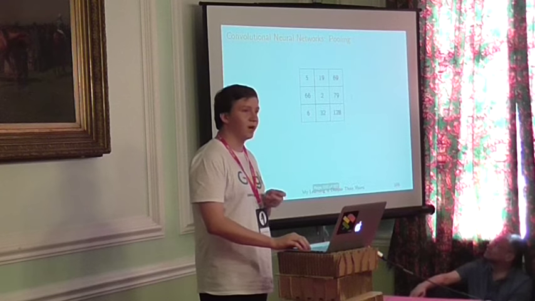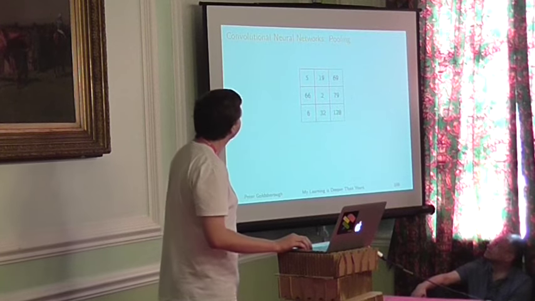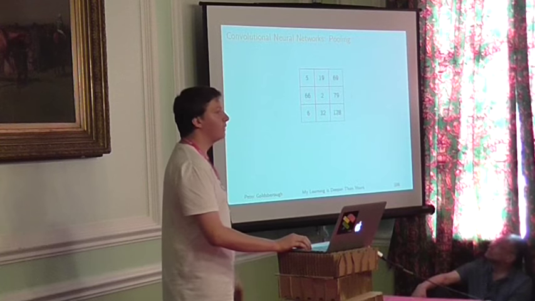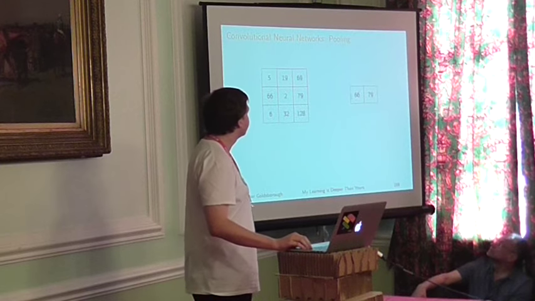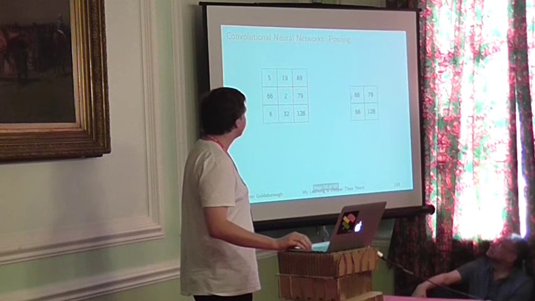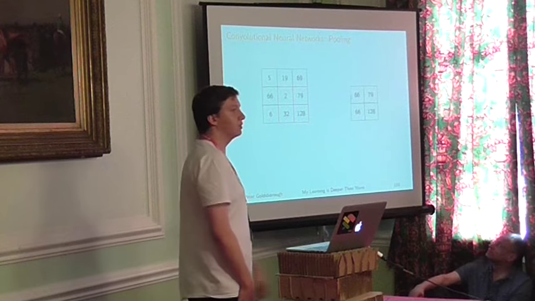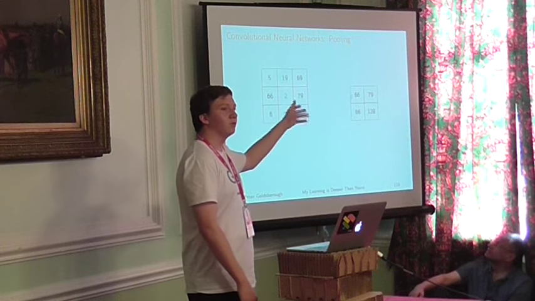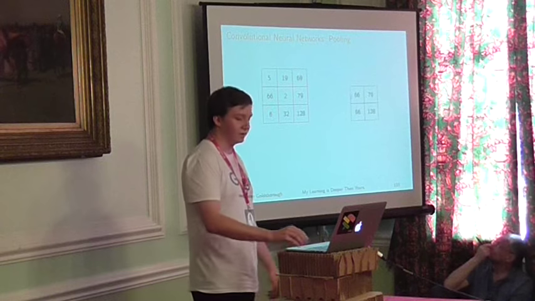And again, what this means in practice is that if we have an image, we'll have a small patch, like a 2x2 patch, and then always just select the maximum pixel from that patch. So we produce the 66 here, slide it across, and the 79, and 66 and 128. And again, the idea is if we just shift this image by a certain number of pixels, these maxima will not actually change at all, and that achieves a kind of translational invariance.